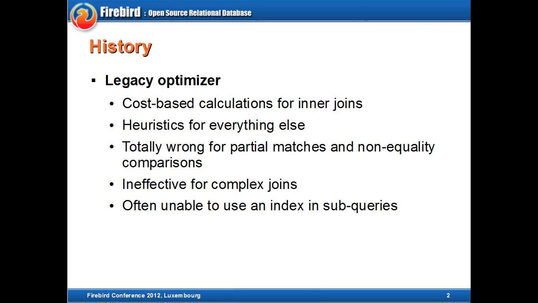And another problem was that the engine couldn't really optimize well complex joins of 6, 7, and more streams. So if you join just a few tables, it was okay. If you join 8 or more tables, it was a big problem.